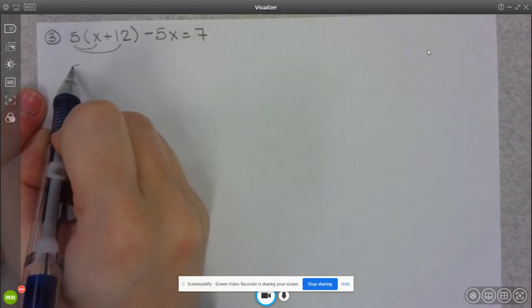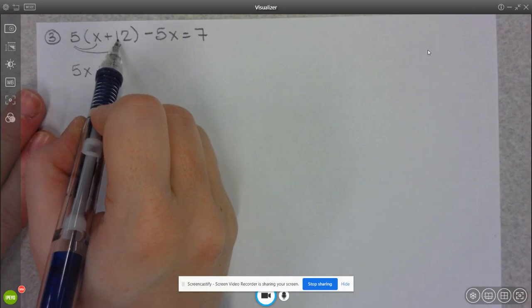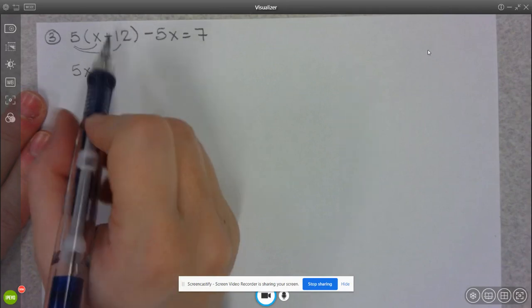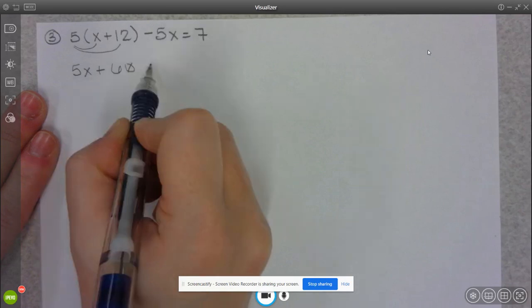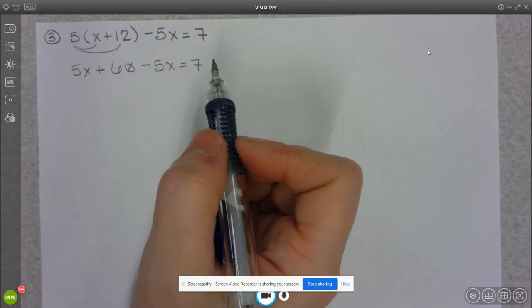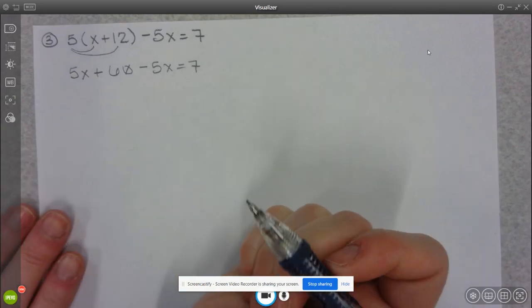So this is going to be 5x plus 5 times 10 is 50. 5 times 2 is 10. So adding those two things together is going to give me 60. So I'm going to have 5x plus 60 minus 5x equals 7.